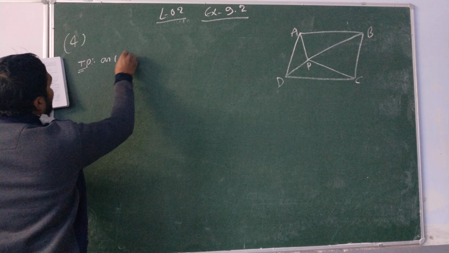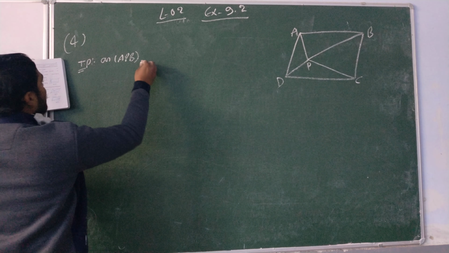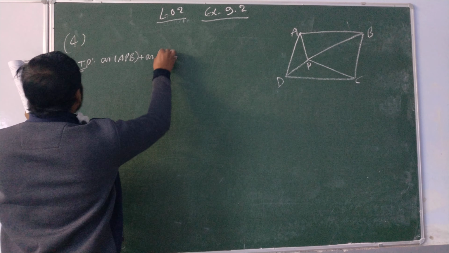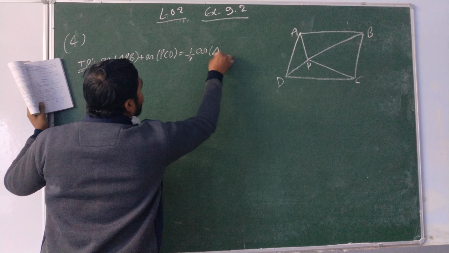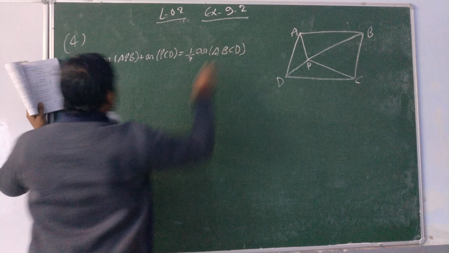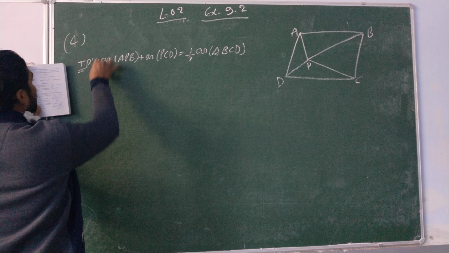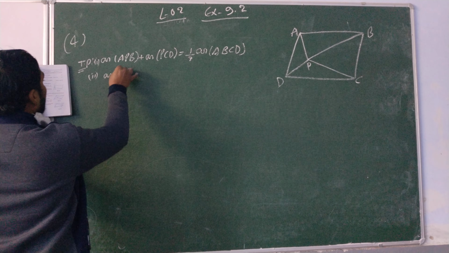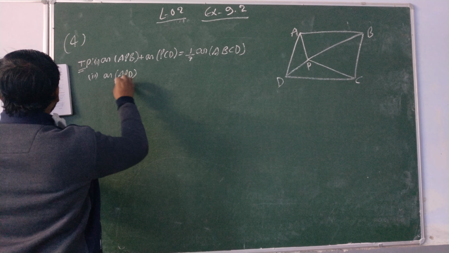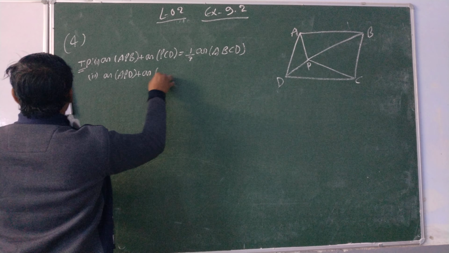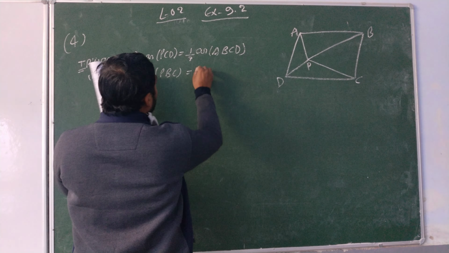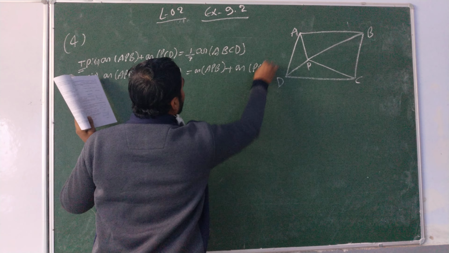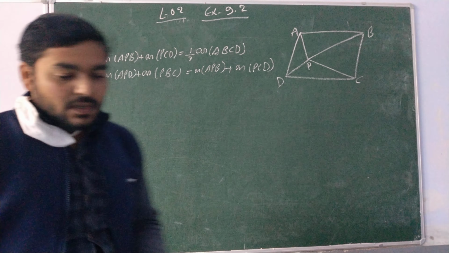Now, the condition you have to prove is: area of APB plus area of PCD is equal to half of area of ABCD. Second condition: area of APD plus area of PBC is equal to area of APB plus area of PCD.